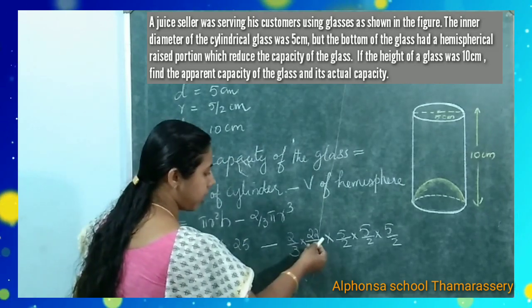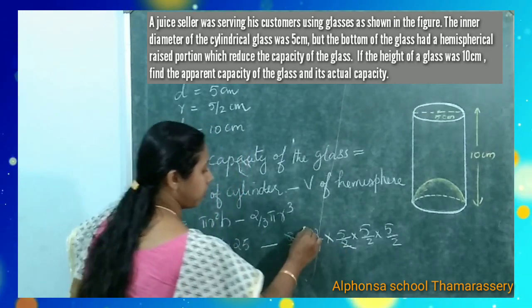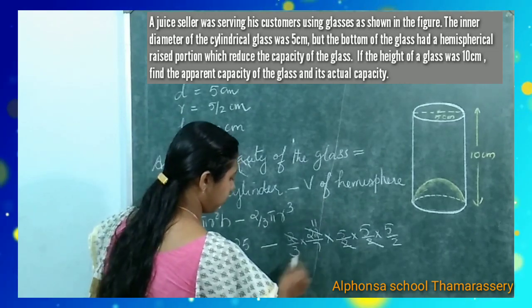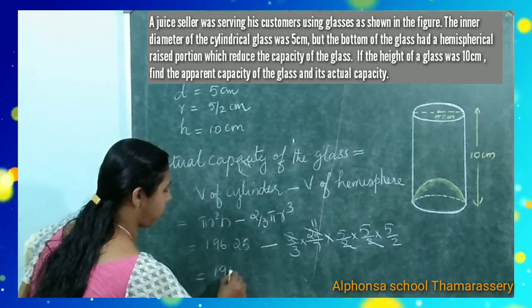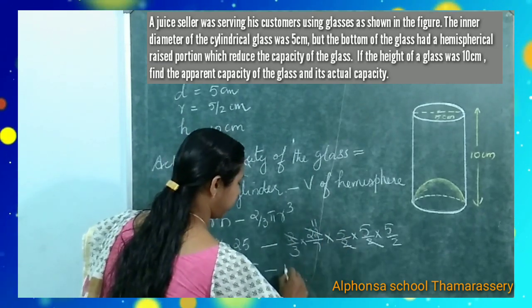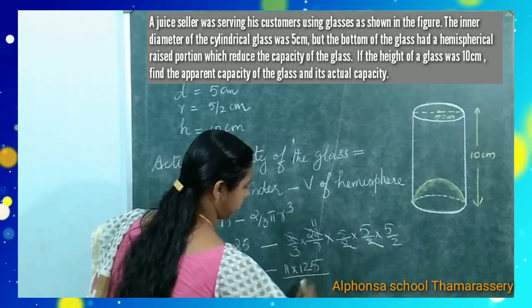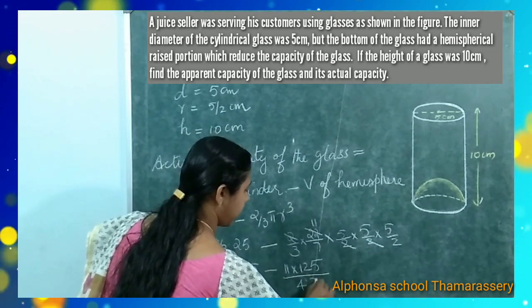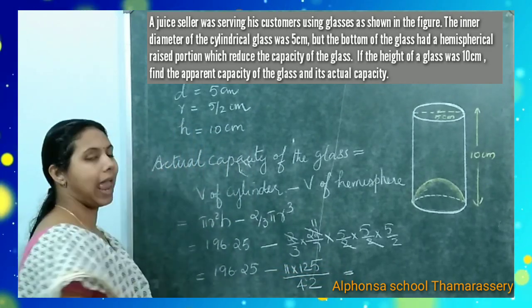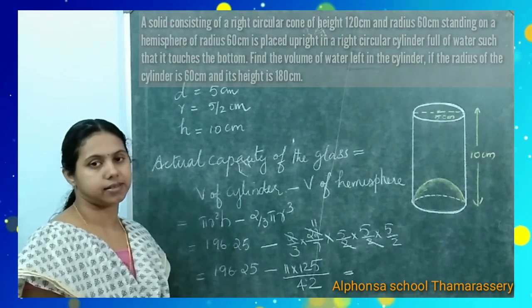If you are writing the fraction form, you can cancel the common factors. Here it is 11 times. So 196.25 minus 11 into 125 by 3 into 7 into 2, that is 42. When you solve this, we will get the actual capacity of the cylindrical glass.